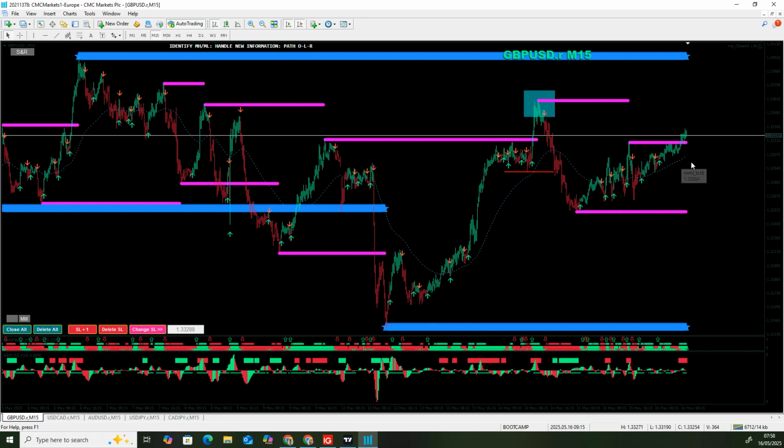So on the bigger picture for the pound US dollar, GBP USD, you can go short below this confirmation line here, 133.04.